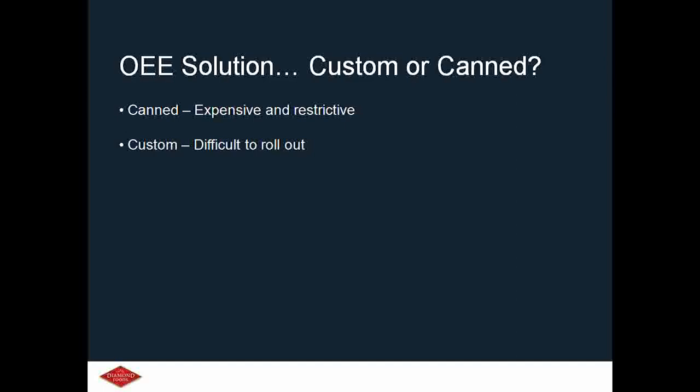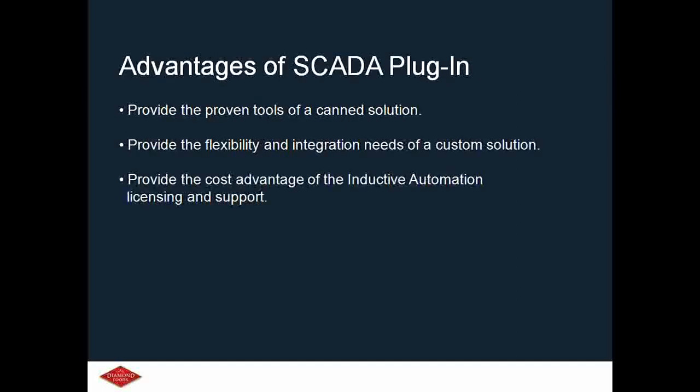So we began talking with Inductive Automation, who were interested in using our Stockton facility as a beta site for an OEE plug-in for Ignition. We were already an Ignition user, and we recognized several benefits. First, it would provide the proven tools of a canned solution, but we also felt that it would provide the flexibility and integration needs of a custom solution.